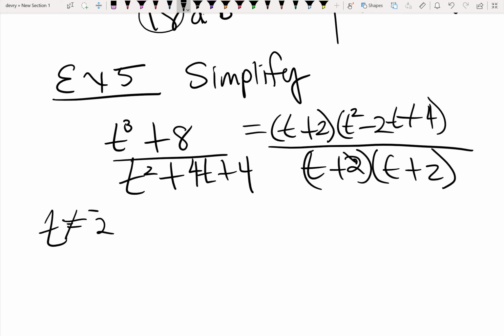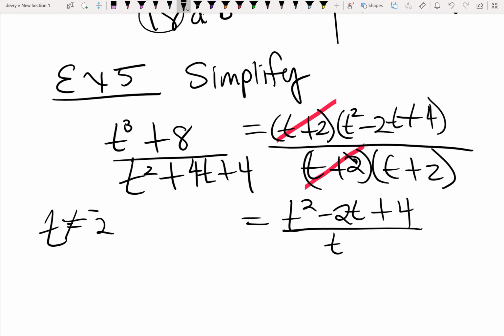You then have to keep in mind that technically what's going to happen here is that one of these is going to cancel with the other, and so that's why you have to still be careful with your factors, because if this happened to be a different value, it would make a difference. So here we have t squared minus 2t plus 4, and all of this is over t plus 2. Alright, so that's not terrible if you can remember your equation for cubic functions, which I have gone over with you.